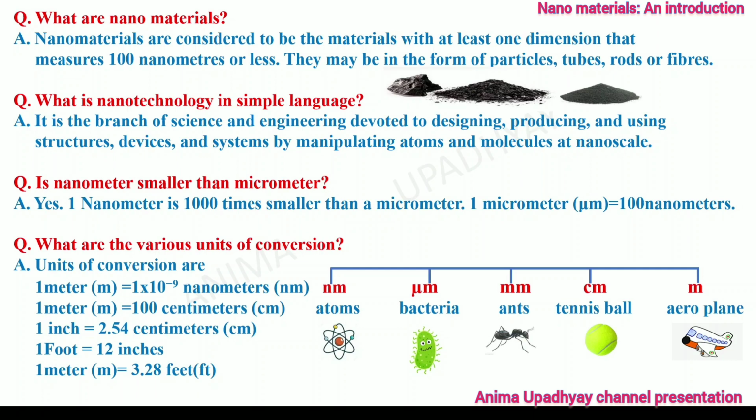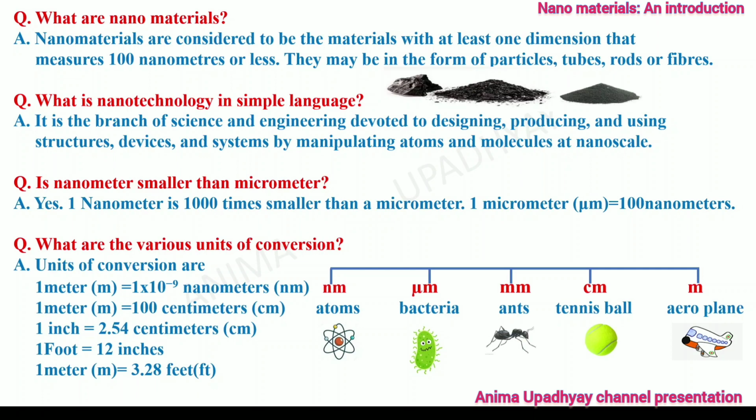Explained in simple language, the branch of science and engineering in which we study nanoscale materials is called nanotechnology. It is devoted to designing, producing and using structures, devices and systems by manipulating atoms and molecules at nanoscale.